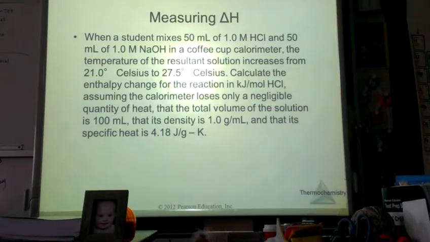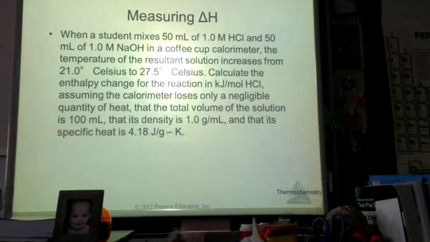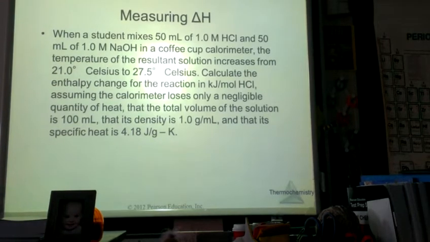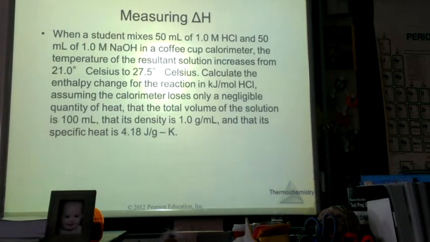We want to calculate the enthalpy change, so I'm trying to find delta H, for the reaction in kilojoules per mole, specifically for HCl. Let's assume that the calorimeter loses a negligible quantity of heat, so we're trying to keep all of the heat in, and that the total volume of the solution is 100 mL. We know density is 1 gram per milliliter, and specific heat for water is 4.18 joules per gram Kelvin.